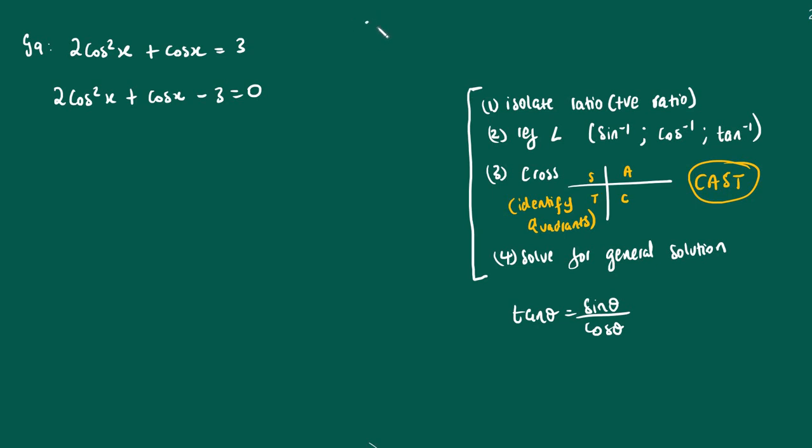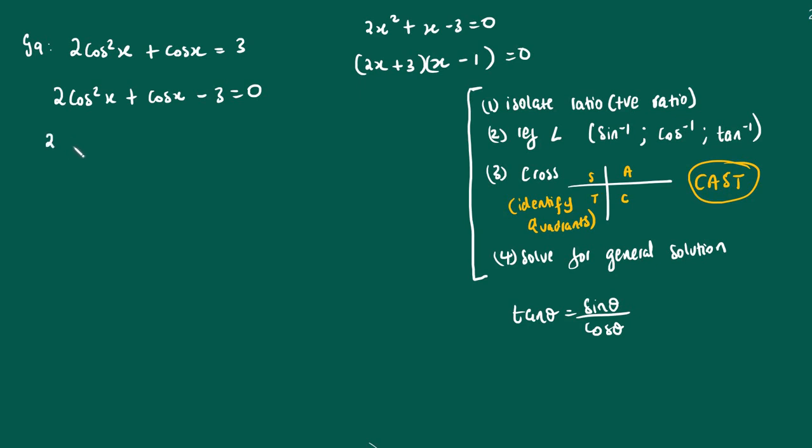You treat it as if you had 2x squared plus x minus 3. Now the factors here are going to be 2x and x, positive 3 minus 1. Is it like that? Check. No. Minus 1 plus 3. Yeah, it's going to be like this.